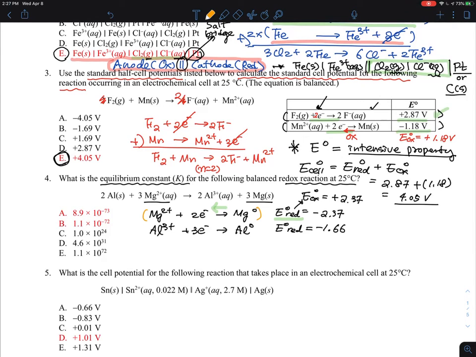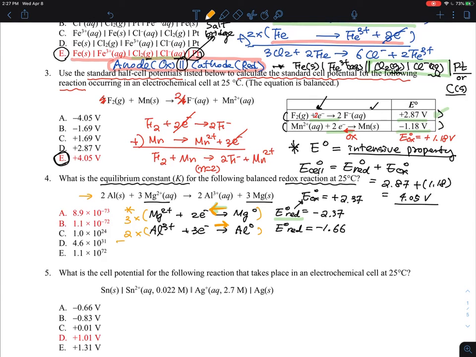So let's continue with the traditional one, ignoring the way it is written. We can multiply this one by 3 and this one by 2. I'm just talking about the reaction in the reverse way, which is an oxidation, and the reaction in the forward way, which is a reduction.